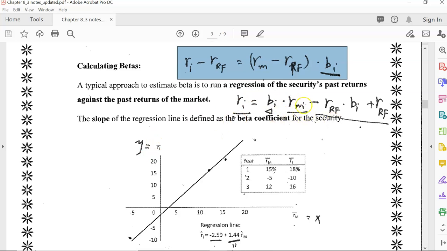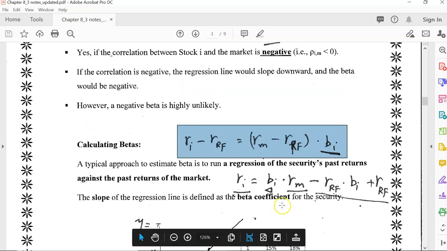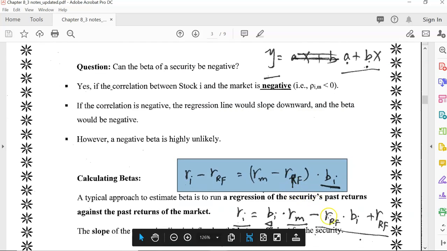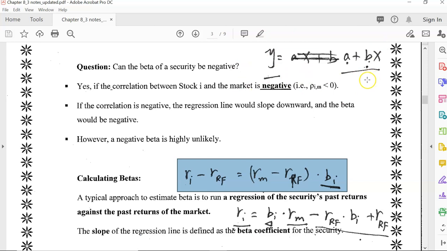Treat Rm as x. So beta would be the beta coefficient for x. And the rest of the equation, minus RRF multiplied by beta plus RRF, would be the constant in the equation. So this model would be in the format of y equals a plus bx. This is a typical equation you would see in your math class.